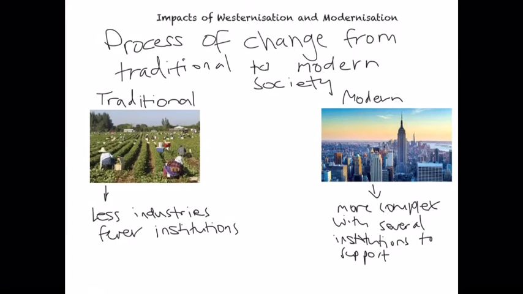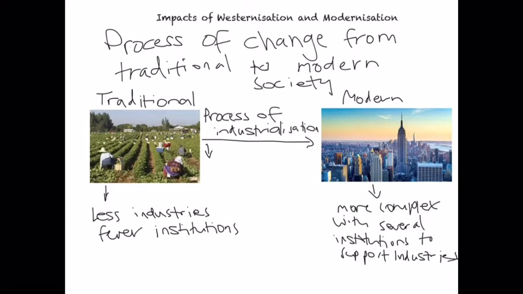Now, how traditional societies become more modern is through what we define as the process of industrialisation. For any society to really be determined to be modern, it needs to go through this process of industrialisation. What that really means is there is a lowering of traditional authorities and practices.